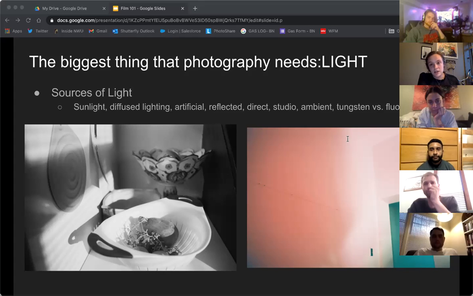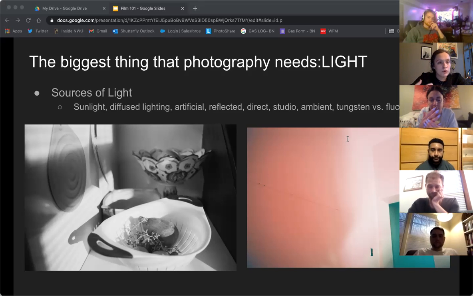So different kinds of light include sunlight, diffused lighting, artificial, reflected, direct, studio, ambient, tungsten versus fluorescent, which are two kinds of light bulbs: the super yellow kinds, or fluorescent, which are the super blue and really annoying kinds. But what's really important to know is how much light you have.